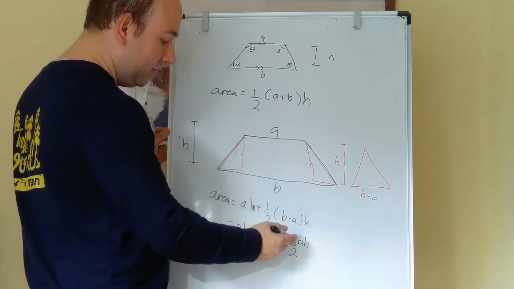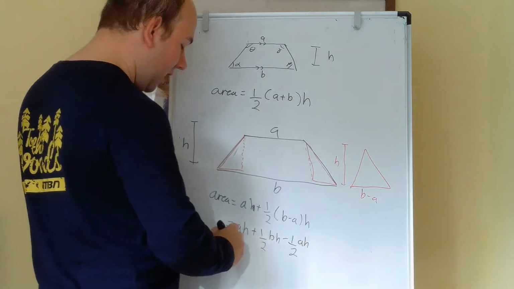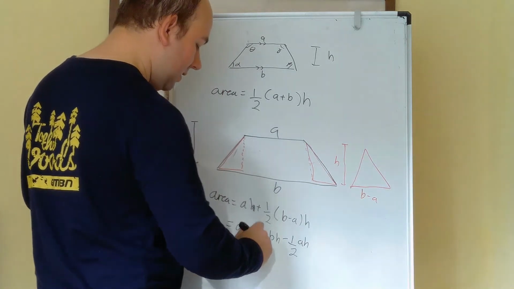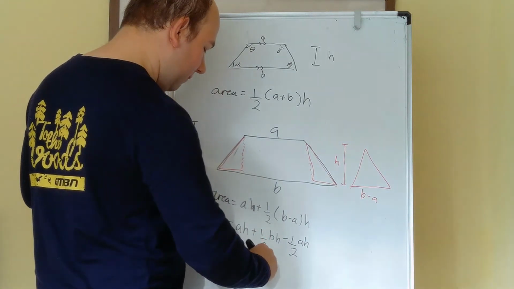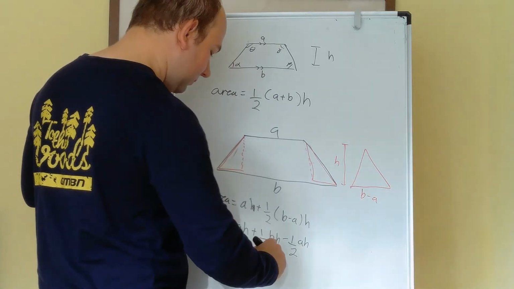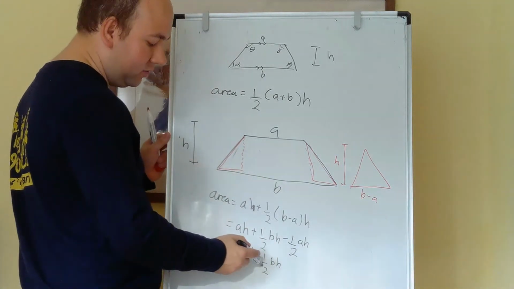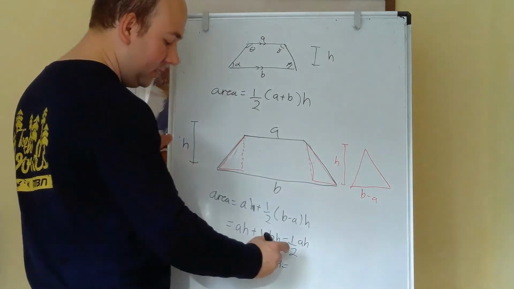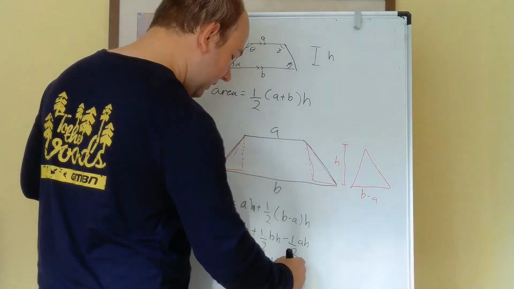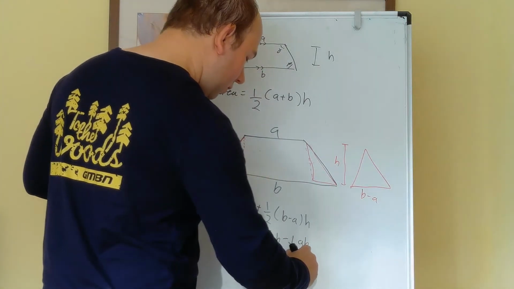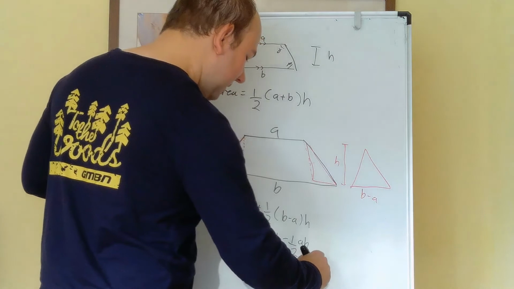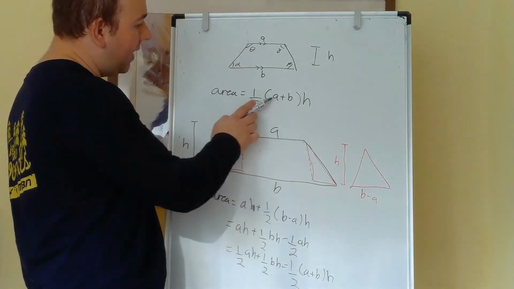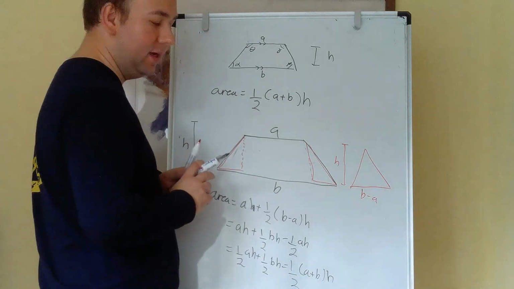So I can bring like terms together, so ah minus a half ah is equal to a half ah plus that half bh, and now I can factorise this because we have a half and an h in both these terms. So I can take the half outside, the a will add to the b, and then we'll take the h over to the other side. So we've got back to this original formula.